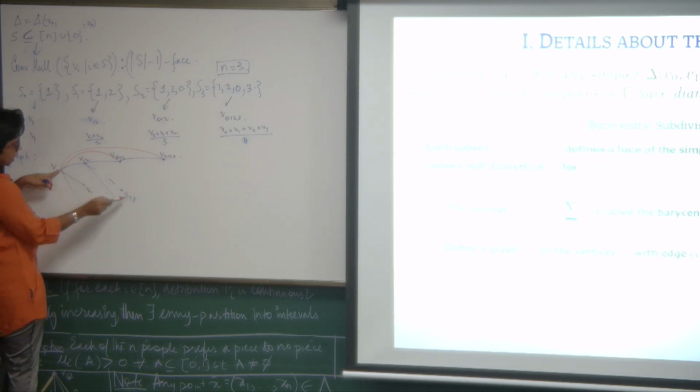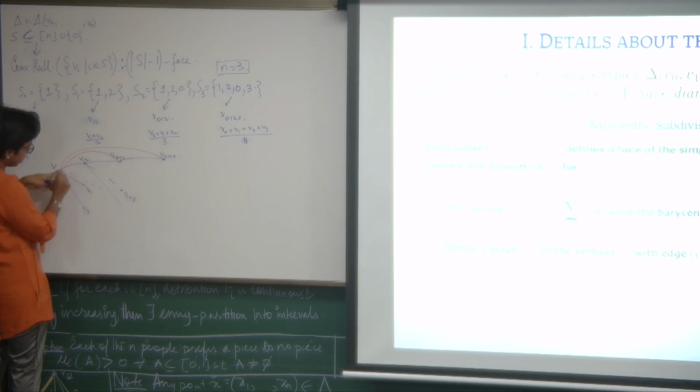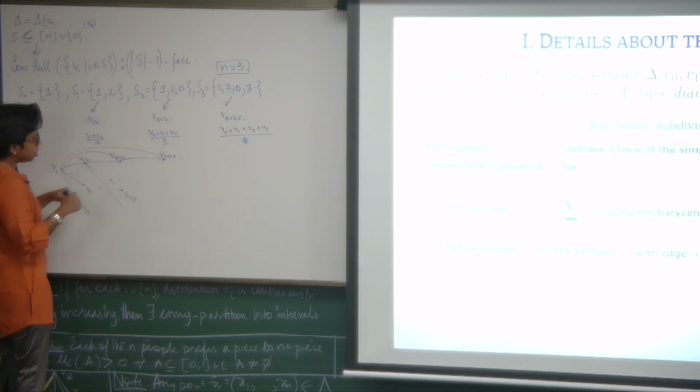Similarly, if this vertex is a neighbor of this edge, even though I did not draw it, the edge actually exists, and so on. Okay.